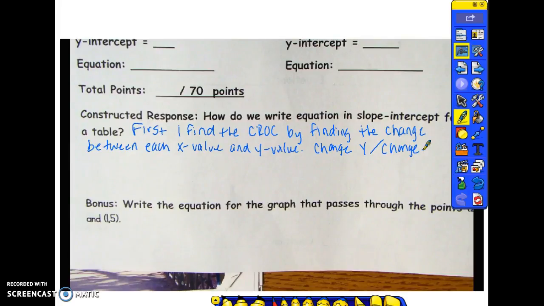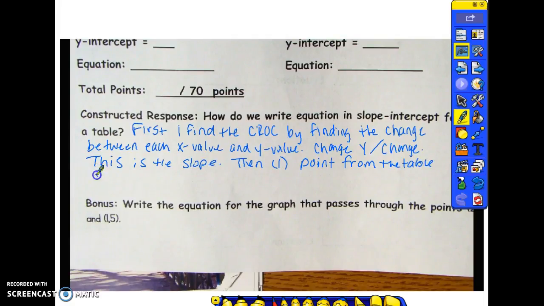Once I've identified that this is my slope, then I plug a point from the table and the slope into y equals mx plus b and solve for b.